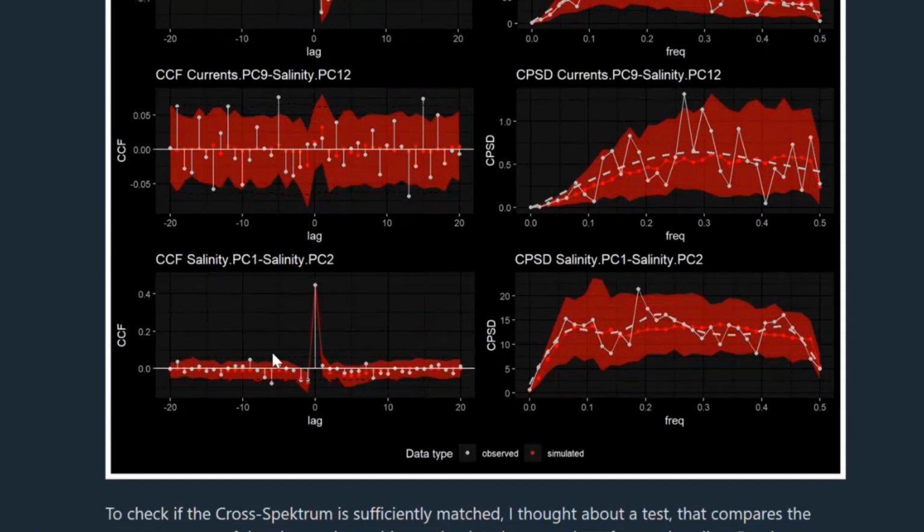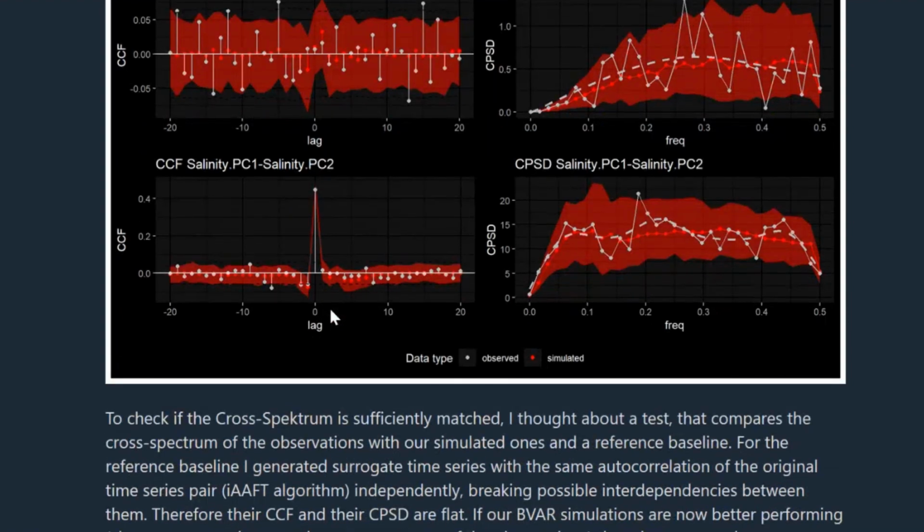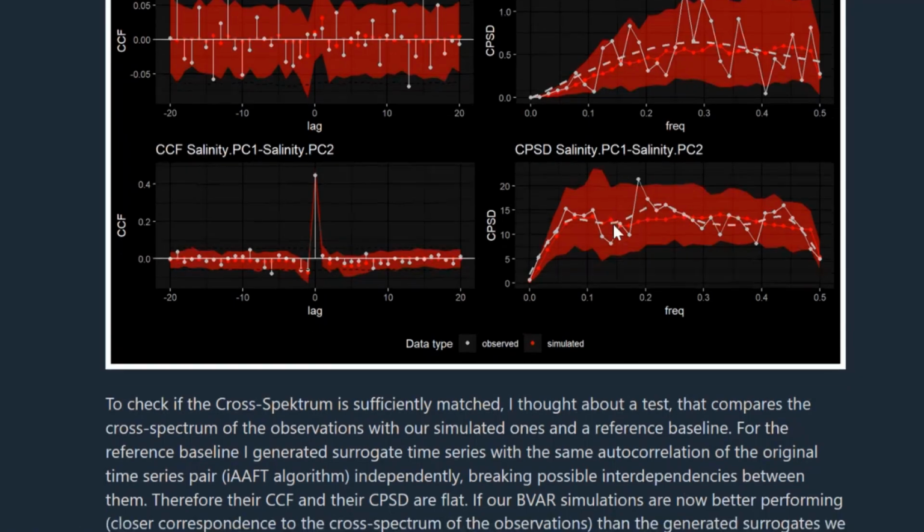And here you have a specific lag 0 correlation of salinity PC1 and salinity PC2. And it's also correctly attributed in the cross spectral density.